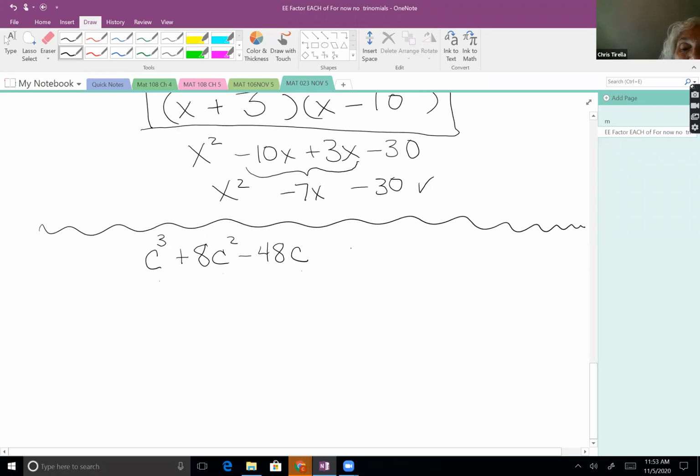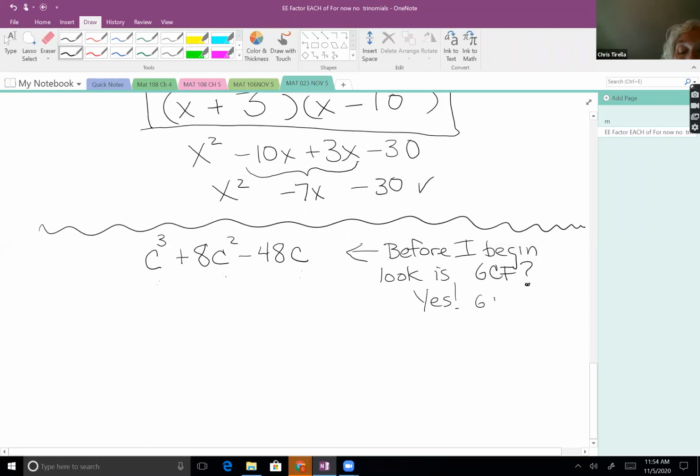And so this one, before I begin, I'm going to look to see, is there a greatest common factor? Is there anything that goes into all three terms? And because they all have a C, I'm going to say yes.